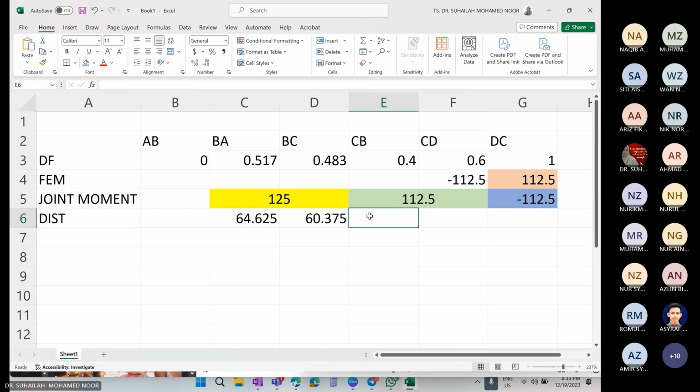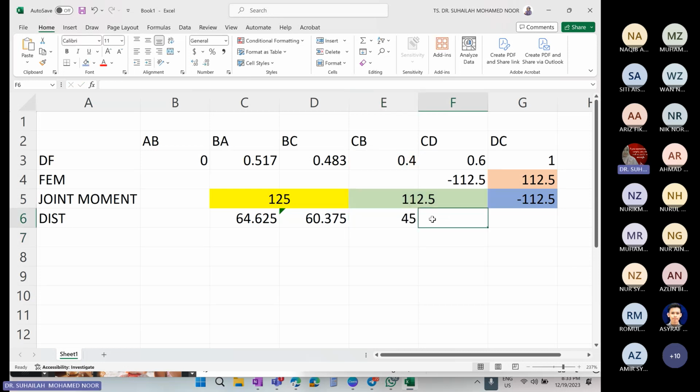Okay. For CB and CD, positive 112.5 is now the joint moment. So we just need to times this with 0.4, the distribution factor.